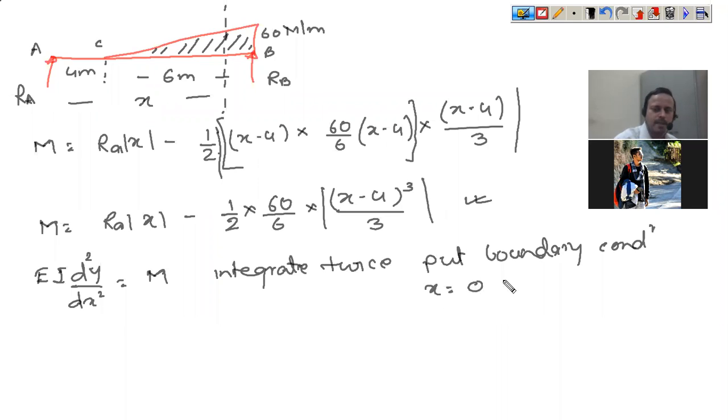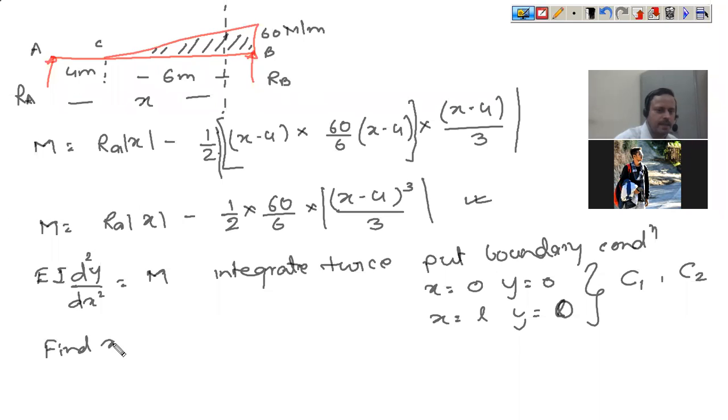The boundary conditions are x is equal to 0, y is equal to 0, x is equal to L, y is equal to 0. These two will enable you to find out C1 and C2, and find x at which dy by dx is equal to 0.